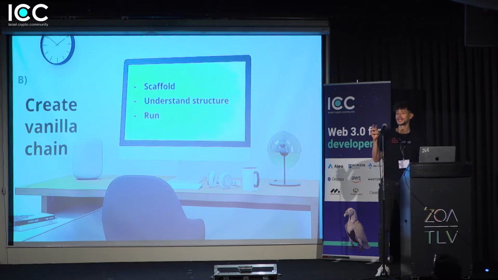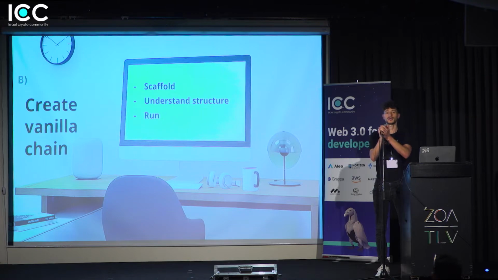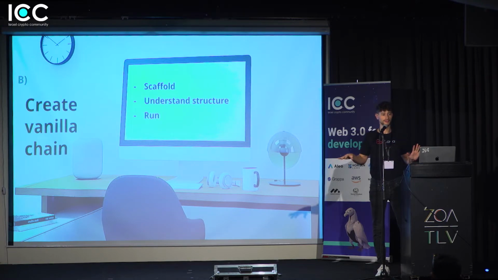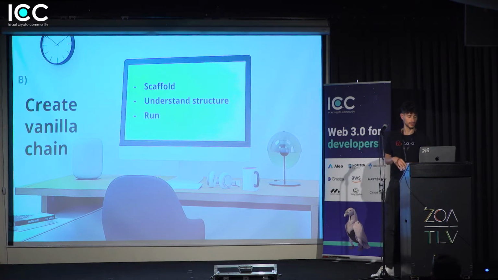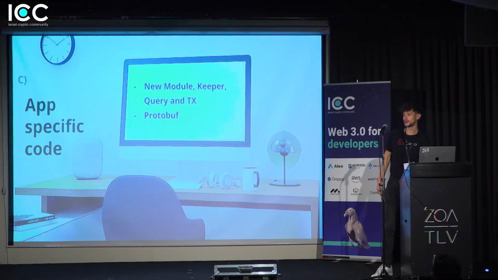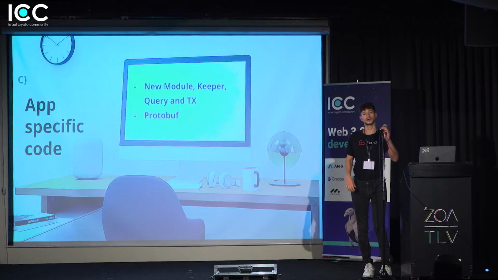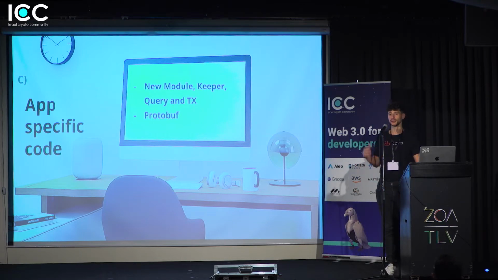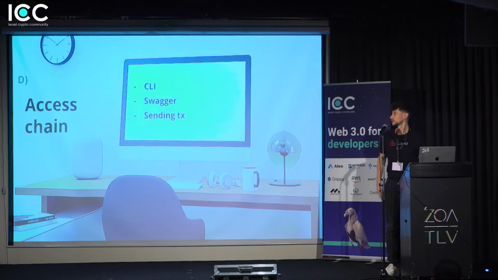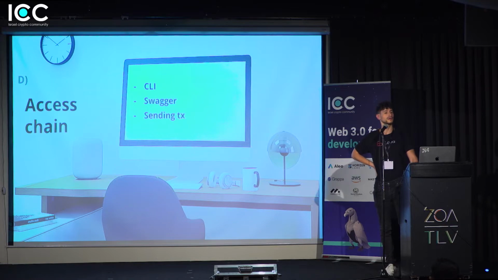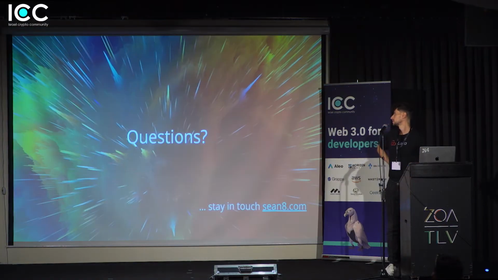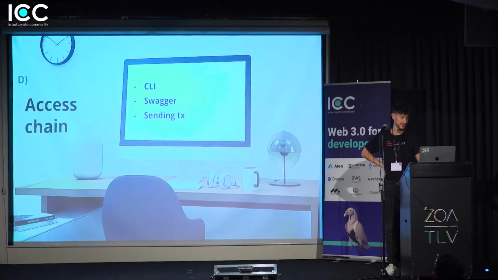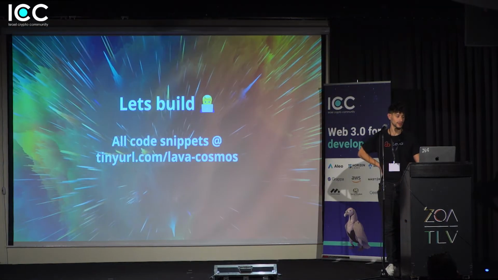Second, we're going to create a vanilla chain, a chain that does nothing, but it's scaffolded entirely with no other change. Then we're going to start adding some code changes to our chain, make it ours, make it app specific in Cosmos terms. Then we're going to access it externally through HTTP and through CLI. And that's it. And then we'll have time for questions.